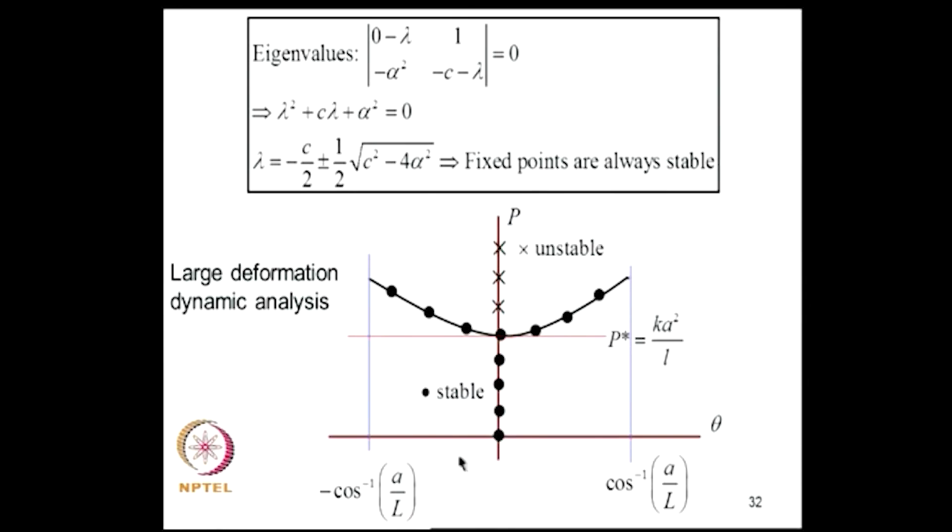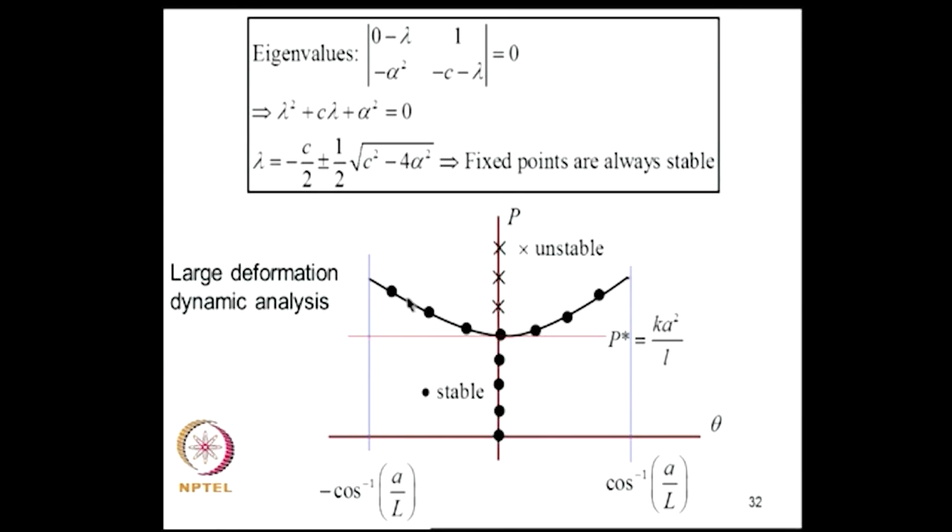Okay. So, now we can plot the load deflection diagram. On this axis I plot theta and load is plotted here, and first we look at the origin 0 0. Until P crosses this, this will be the only fixed point that the system has, and beyond this value of P the origin becomes unstable. So, this cross indicates unstable points and the dot blob represents stable points.